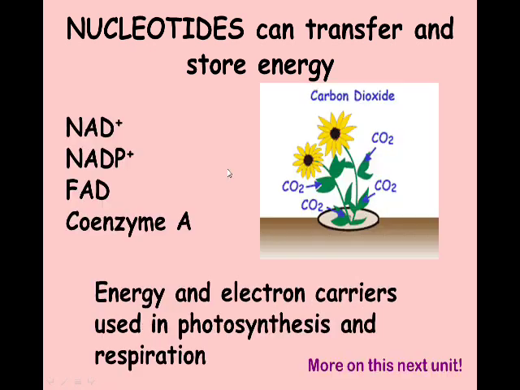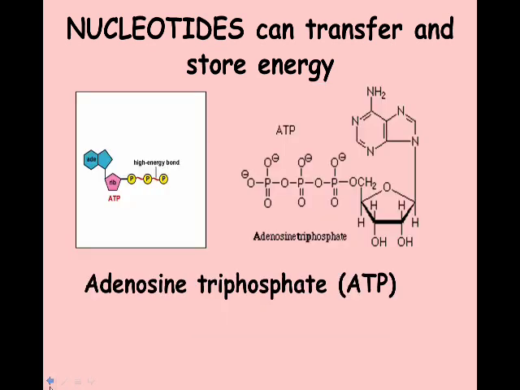We talked about this molecule and why it's important for energy transfer and storage. Making the bond, sticking on those P's stores energy. Mitochondria are burning glucose and storing the energy as ATP. And then breaking that bond releases energy. It's a way we transfer energy in cells.